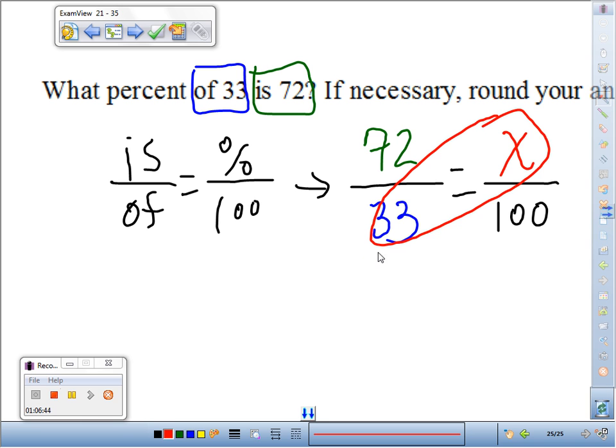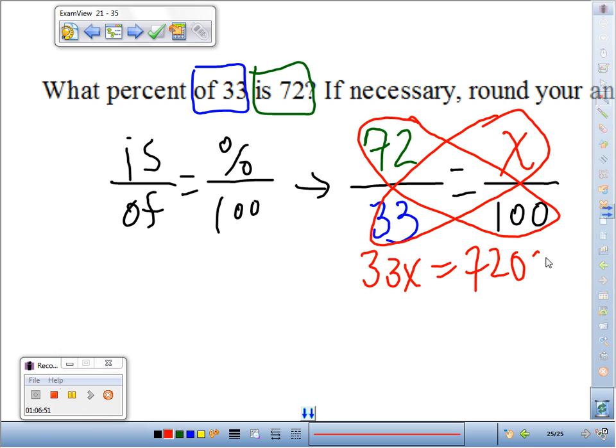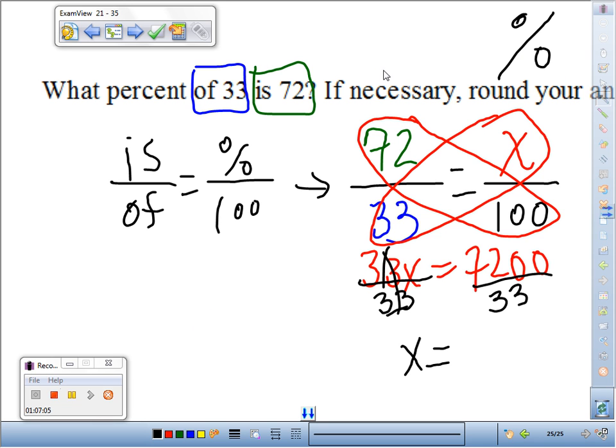So this is 33x equals 7,200. Therefore, we need to divide by 33 both sides. X equals, and let's do our division. By the way, since they're asking for a percent, make sure you write somewhere percent in a blank, because if you don't write percent, you get points taken off at the end for the answer.